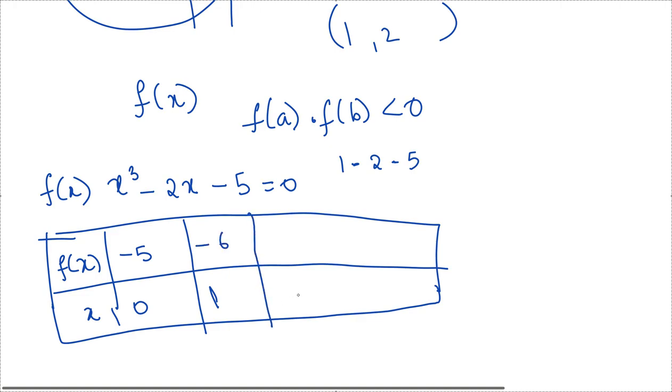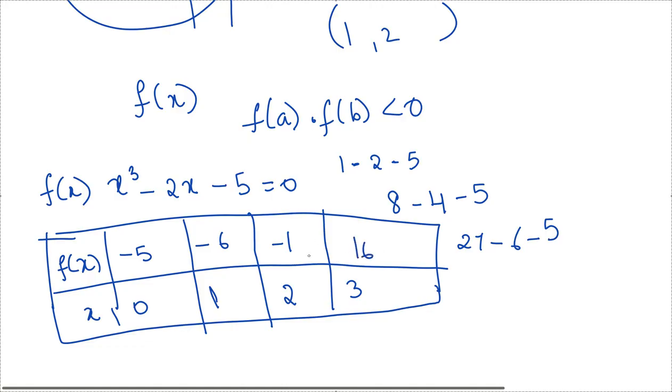Let's say x value is 2. It's nothing but 2 cube, 8, minus 4 minus 5. So f of x is minus 1. Let's say now x value is 3. 3 cube, 27, minus 6 minus 5, which is 16.